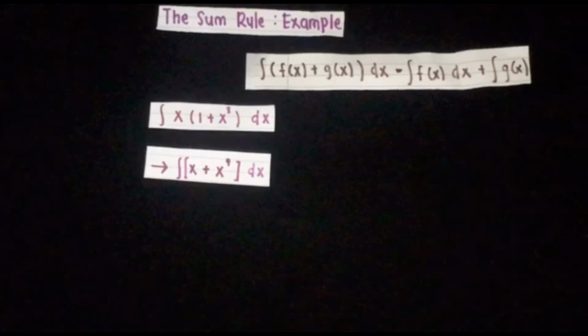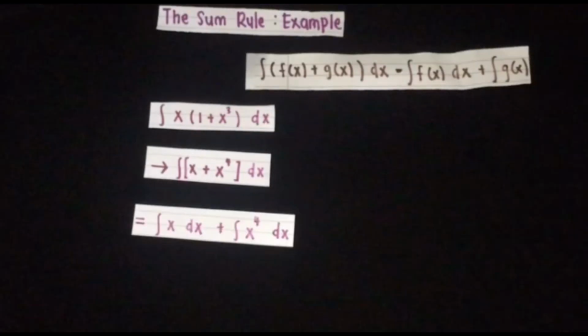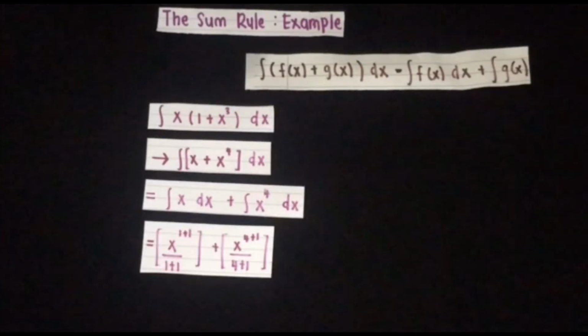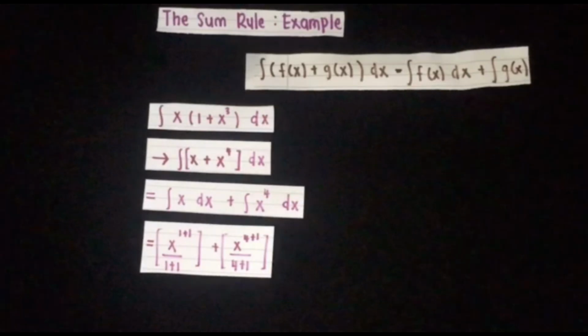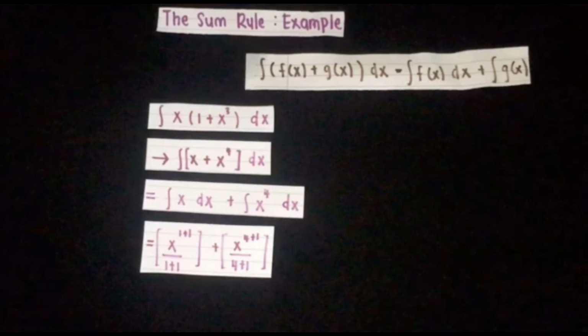Next, I split it into two terms, which will be integrate x dx plus integrate x to the power of 4 dx. Using the same basic rule of integration, we integrate x, which will be x to the power n plus 1 over n plus 1, plus integrate x to the power of 4, which will be x to the power of 4 plus 1 over 4 plus 1.